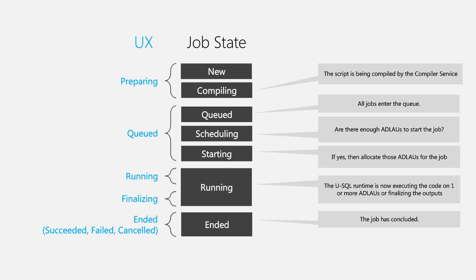The job gets queued into the ADLA queuing service. When your job is in the queue, Azure ADLA looks at the current usage of the ADLA service as a whole, because it's a PaaS service that many customers and end users are using.